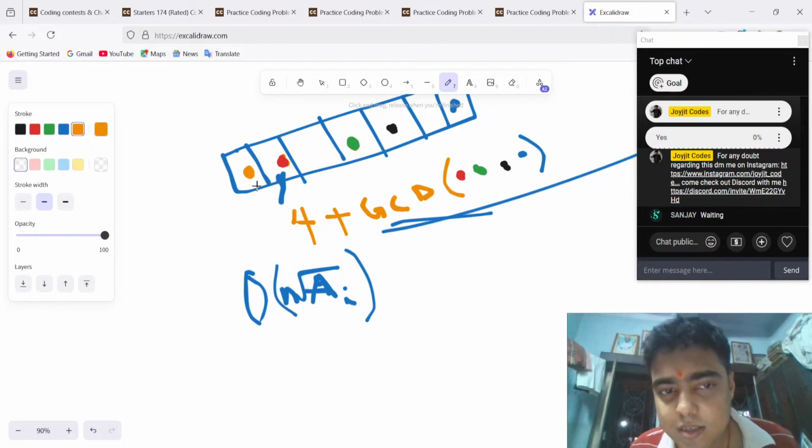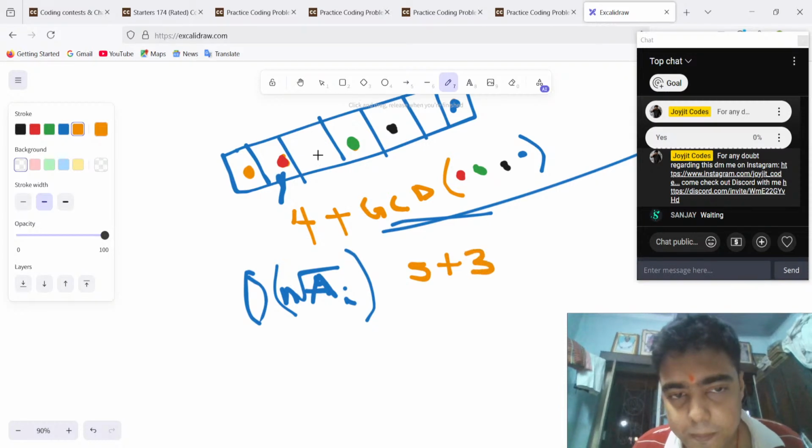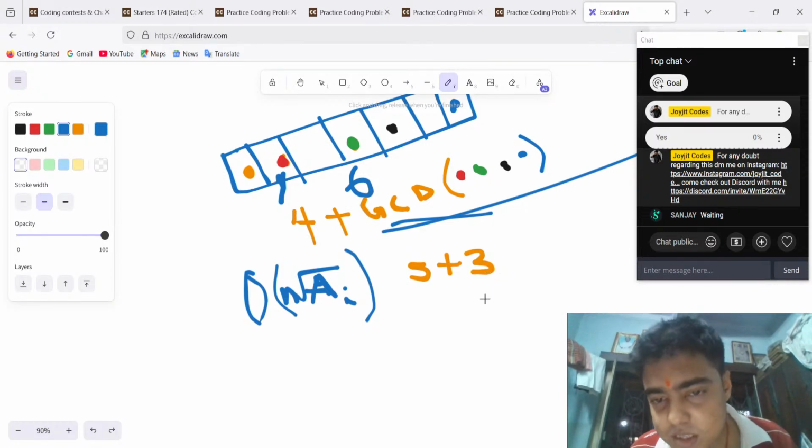So in that case, obviously I can take it as 5 plus 3, but for 6 it has to be 4 plus 6. Obviously 4 plus 6 is greater than 5 plus 3, but I'm just taking an example.